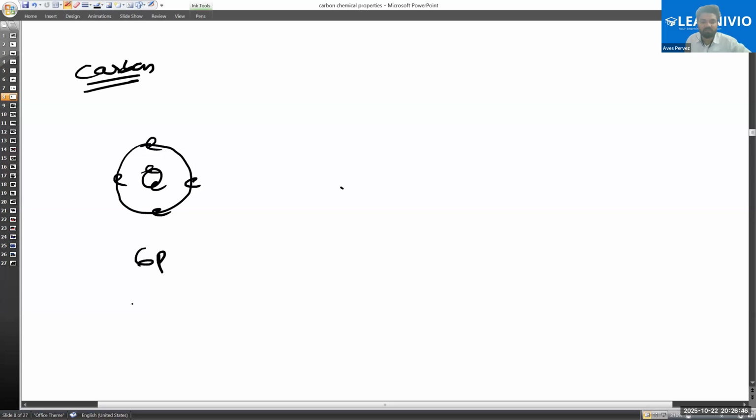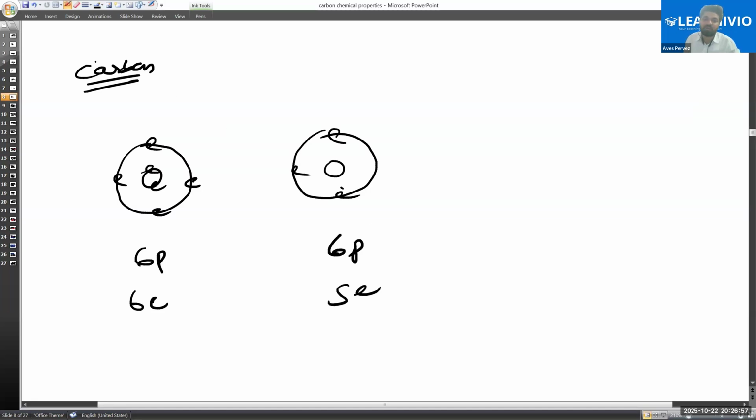Now it has 6 protons and 5 electrons. When it loses an electron, it does not mean the shell will remain the same size. So when it loses, its size will shrink, because the greater number of protons are attracting the smaller number of electrons.